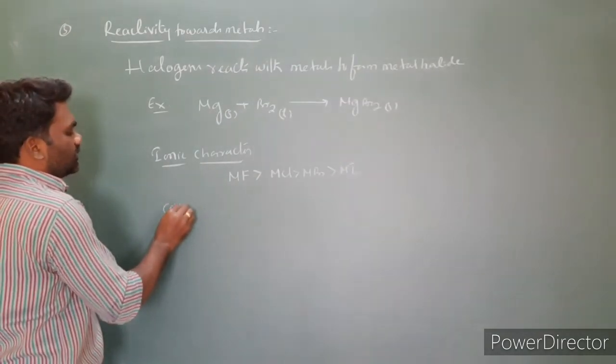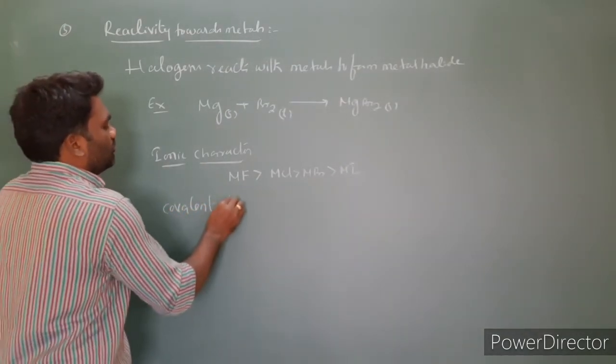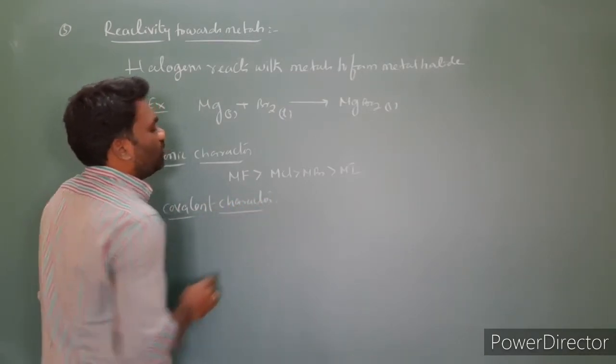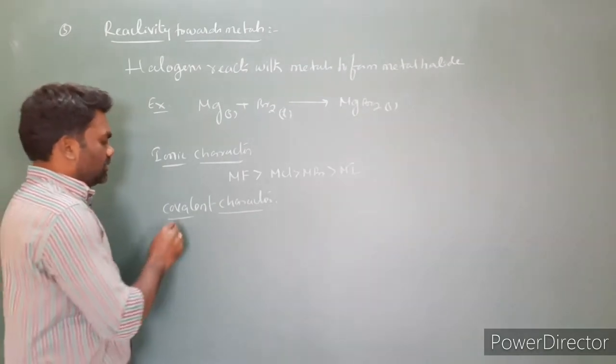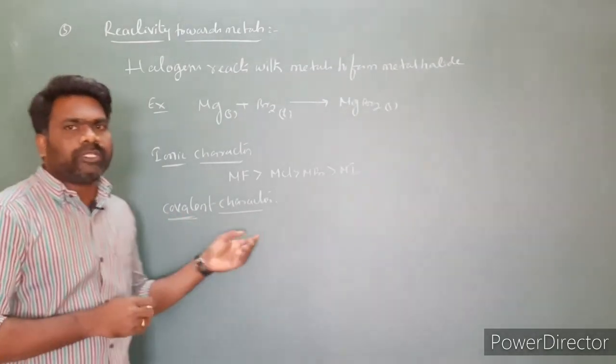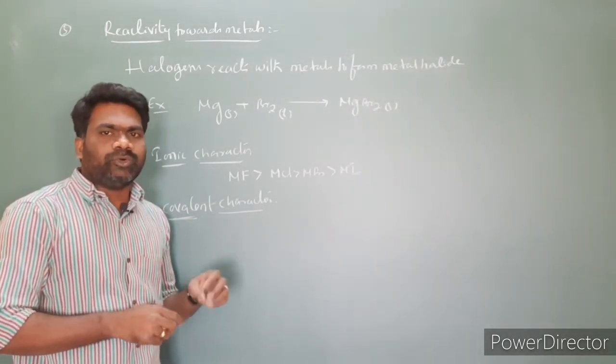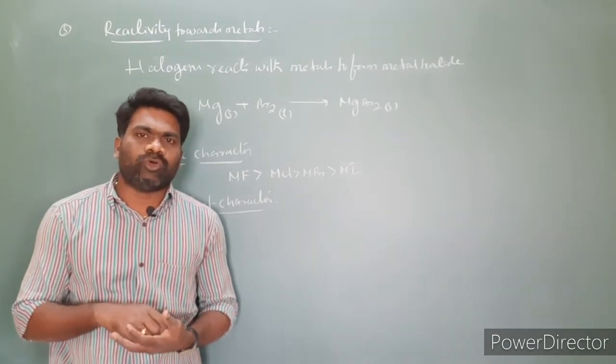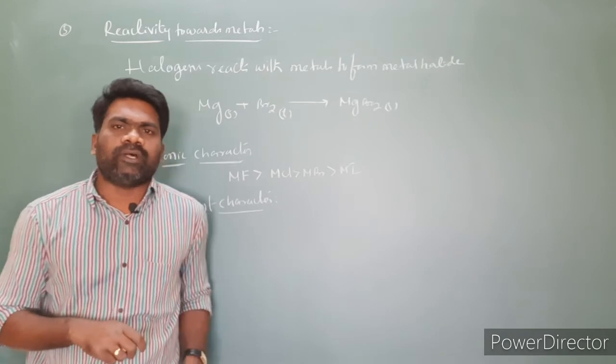Next, covalent character or covalent nature. If the metal exhibits more than one oxidation state, in that case the metal with higher oxidation state is more covalent than the metal with lower oxidation state.